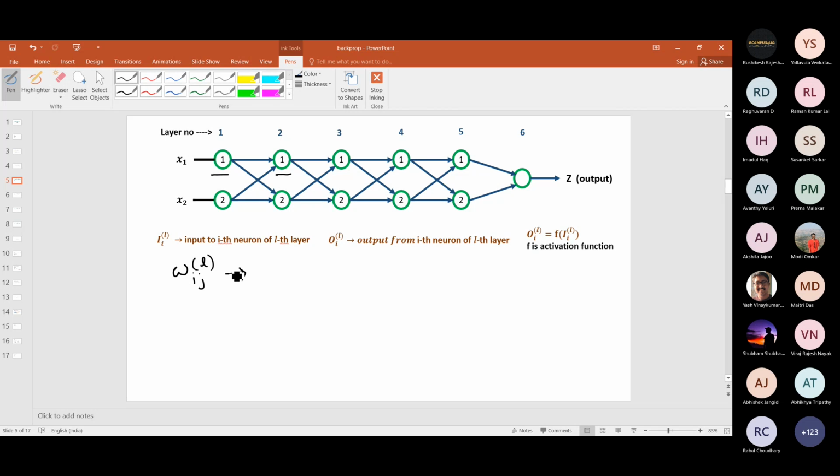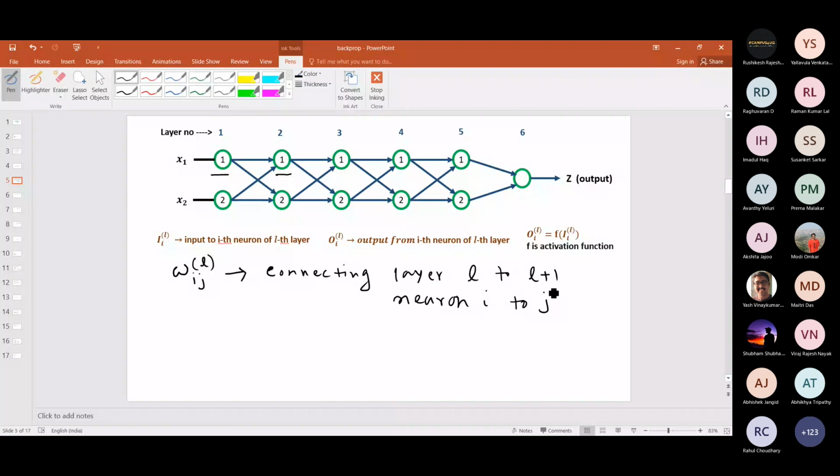So W_L_i_j means the weight connecting layer L to layer L plus 1, neuron i to neuron j. Essentially, a neuron in the lth layer is connected with a neuron in the L plus 1th layer: neuron number i in the lth layer and neuron number j in the L plus 1th layer.